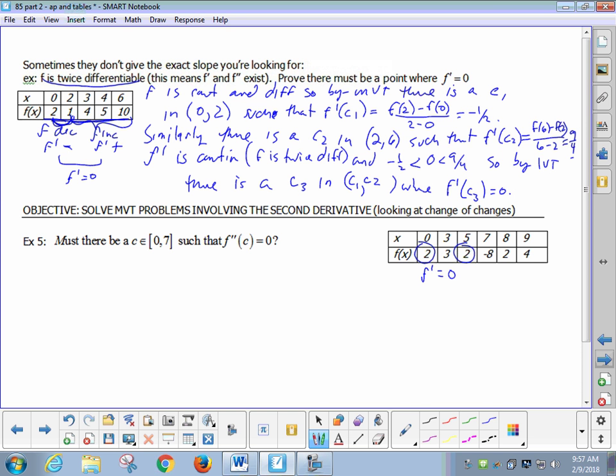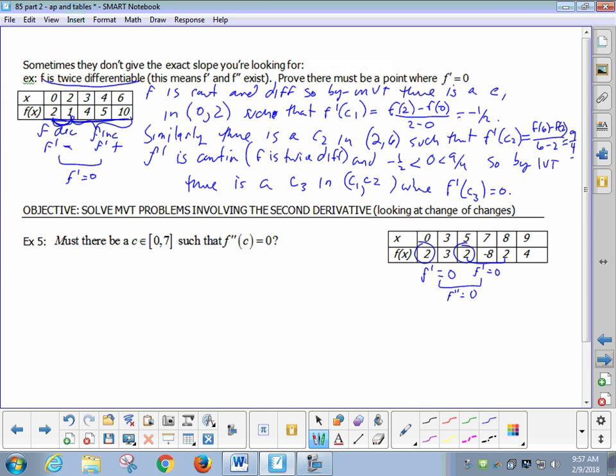What else? 5 to 8. Another place where the average rate of change is 0, so F prime also equals 0 again later. Well, if F prime goes from 0 to later 0, then F double prime must go through 0s. Rolle's applied to F prime. Yeah? You with me? All right then, here we go.